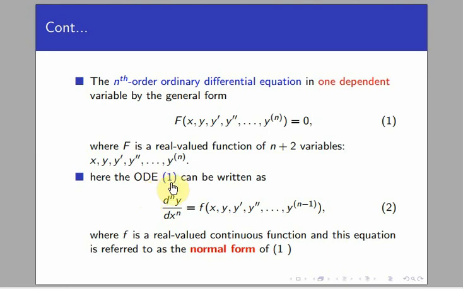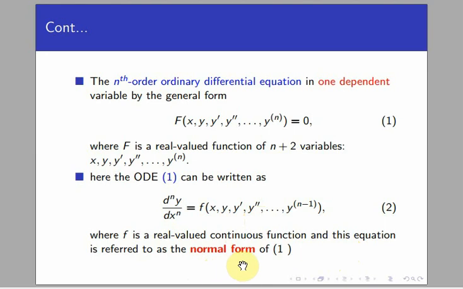Here the ordinary differential equation can be written in the form d to the power of n y over dx to the power of n equals f of x, y, y prime, y double prime, and so on, up to y to the n minus 1, where f is a real valued continuous function.